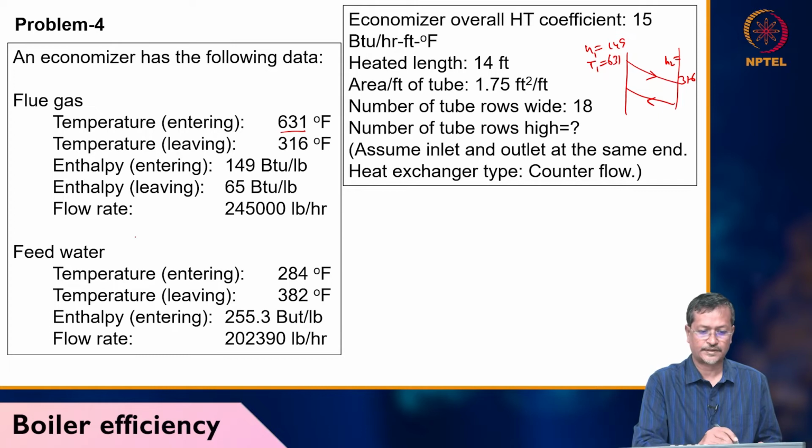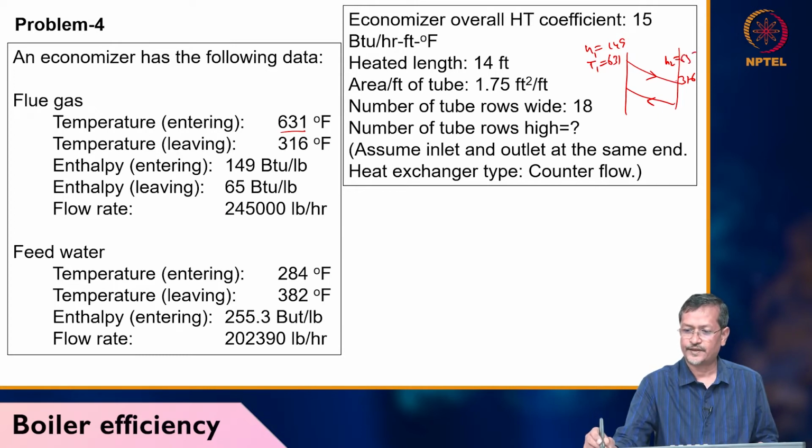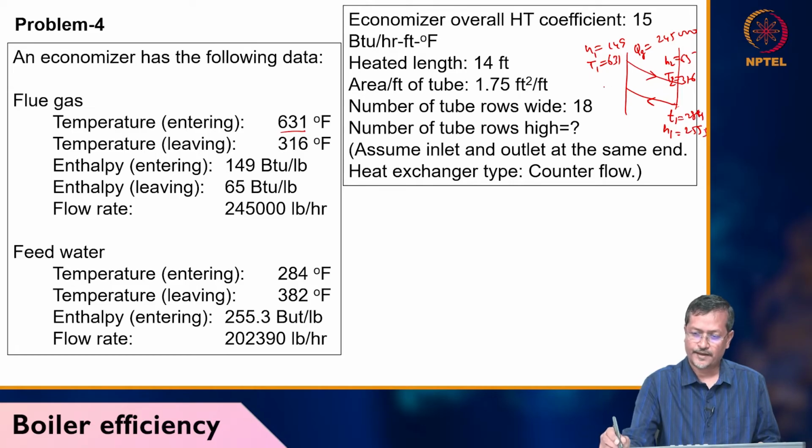H2 equals enthalpy leaving 65 and T2 equals this. Flow rate also given, Q gas 245000, and small t I am putting for water 284, and enthalpy H1 equals 255.3, and T2 equals 382. It is gaining heat, so temperature will be more than entering temperature.